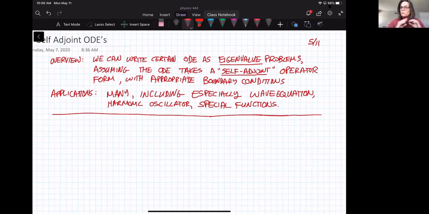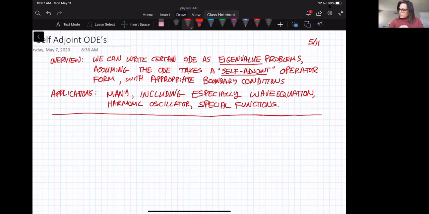We've already seen these, especially in the case of the oscillator. I think your book starts with an example of using the wave equation as a way of looking at this before it gets into the actual math of the Sturm-Liouville theory.